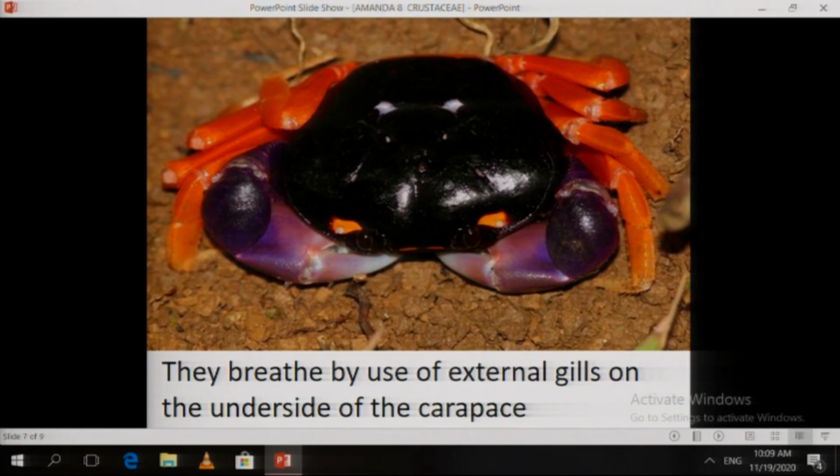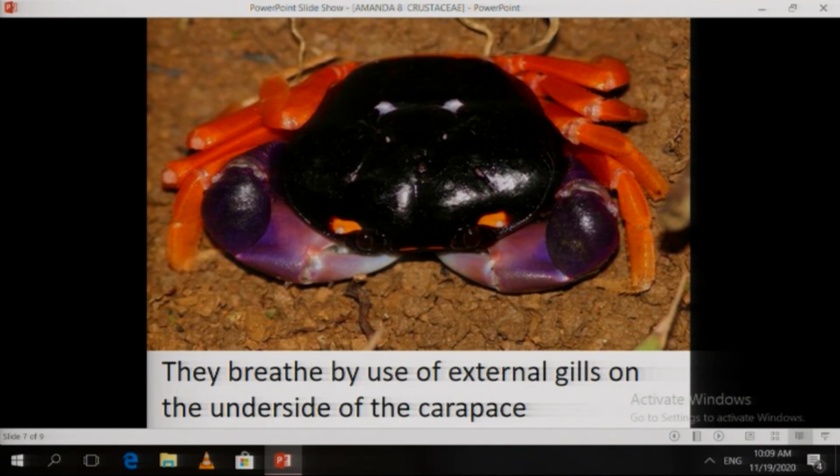This is the carapace that is covering the cephalothorax, and under this covering or coat, which we can't easily see, we find there are gills, because this one has external gills, all right?